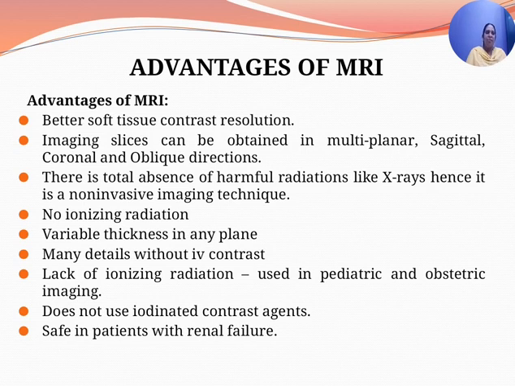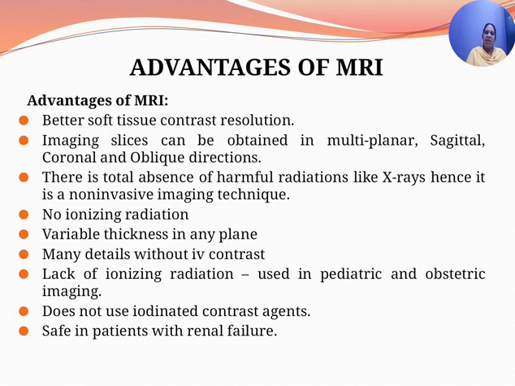To summarize, with MRI scan better soft tissue contrast resolution is possible. Imaging slices can be obtained in multiplanar, sagittal, coronal and oblique directions. There is total absence of harmful radiations like X-rays. Hence, it is a non-invasive technique of imaging, and no ionizing radiation is there.